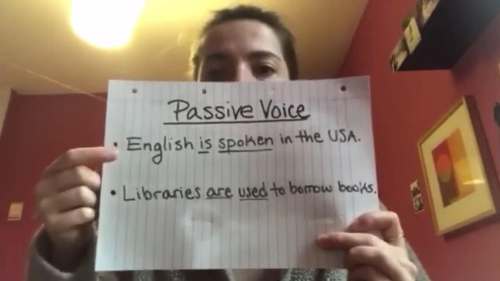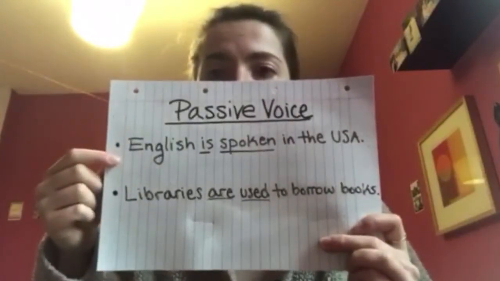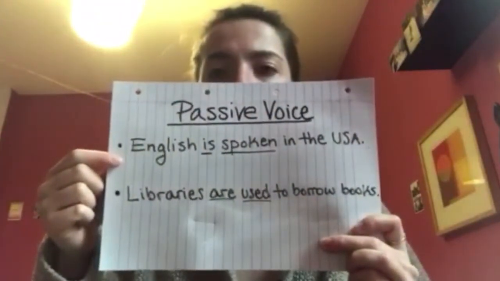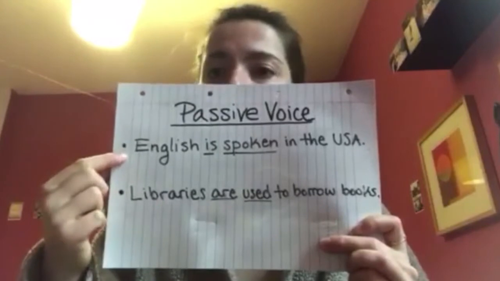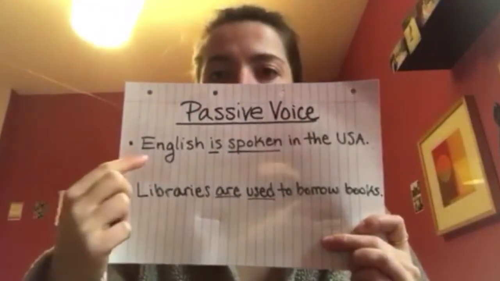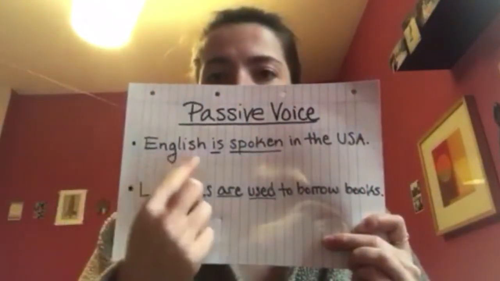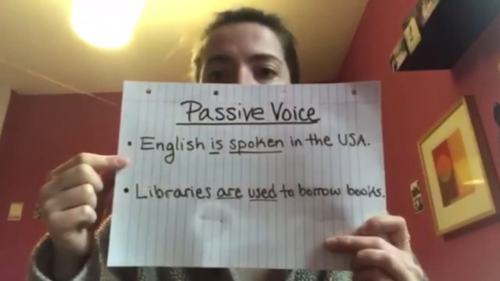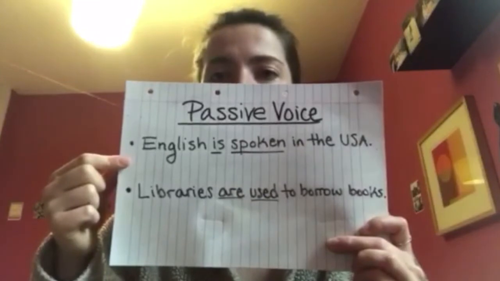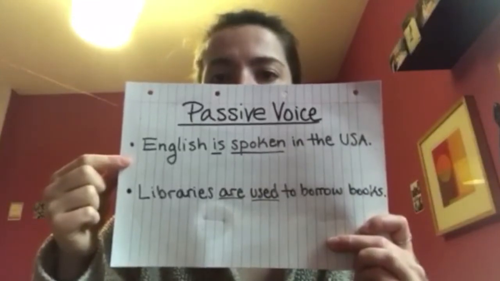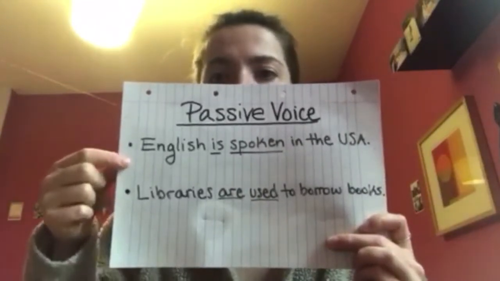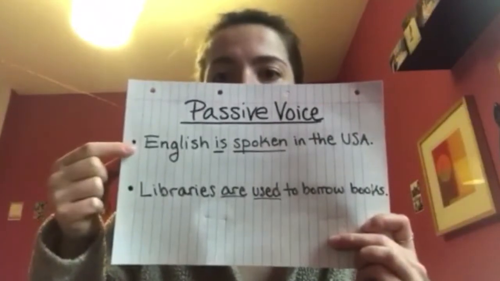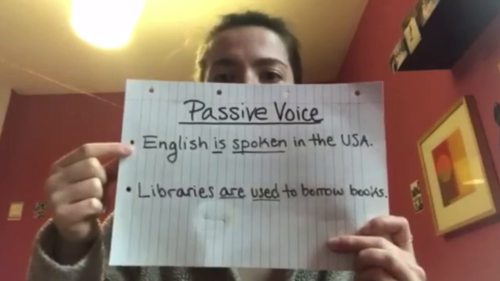We could also say, people speak English in the USA. But what's more important in this sentence are not the people, but the language, English. So instead of saying people speak English in the USA, we can use the passive voice because the object is more important and say, in general, English is spoken in the USA.